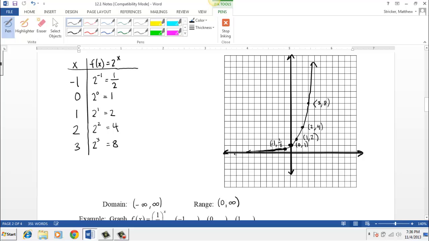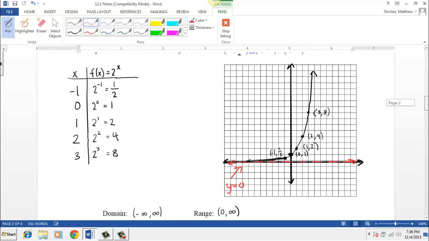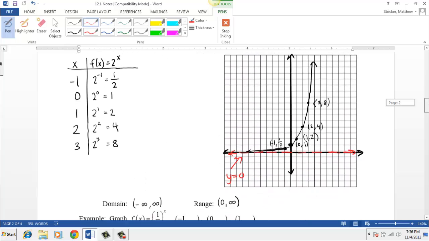Remember, there's that horizontal asymptote here. The graph gets really, really close to y equals 0, the horizontal asymptote. Graph gets really, really close to it, but it never touches it. Okay, so there's one example.